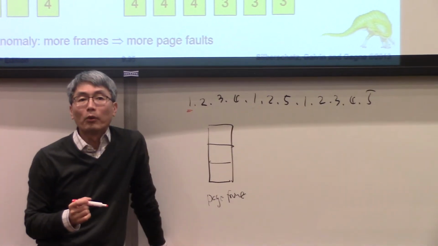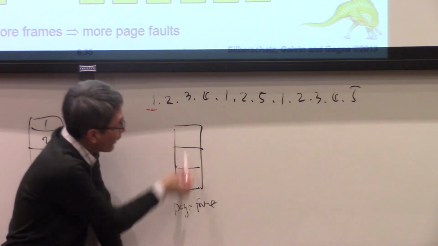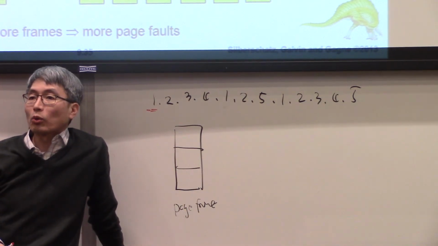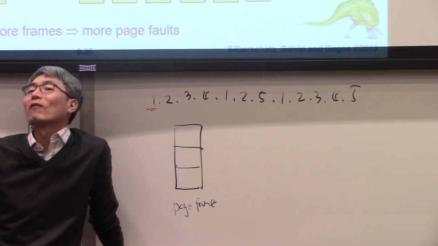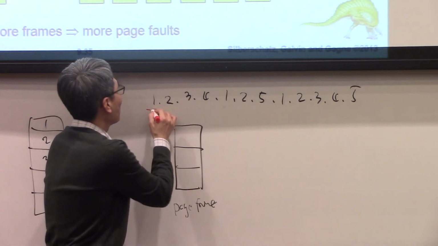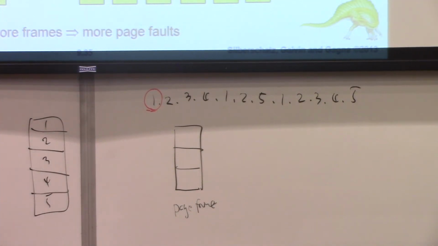What happens when the CPU would like to read data 1? Is there any page that includes 1? No. Which means page fault. So you have the page fault the first time. Then load, because it's on-demand paging.